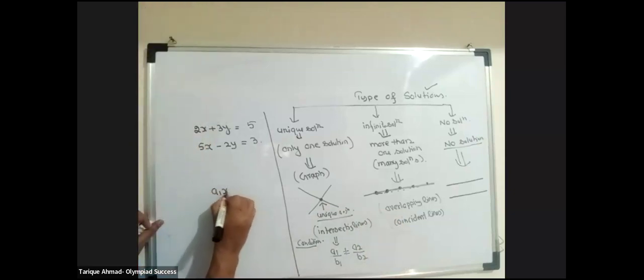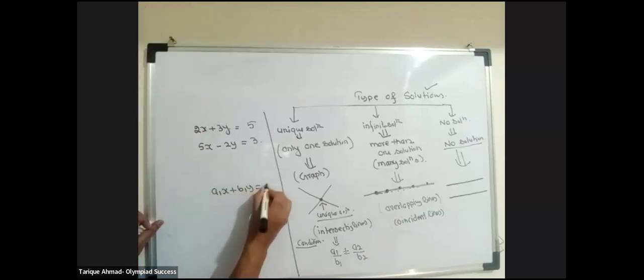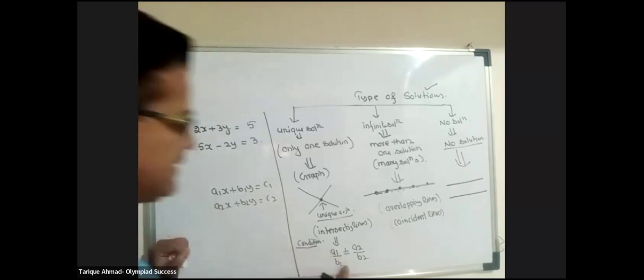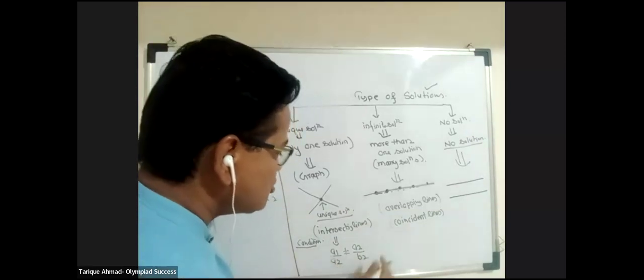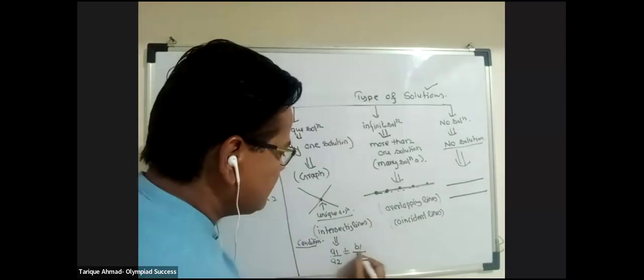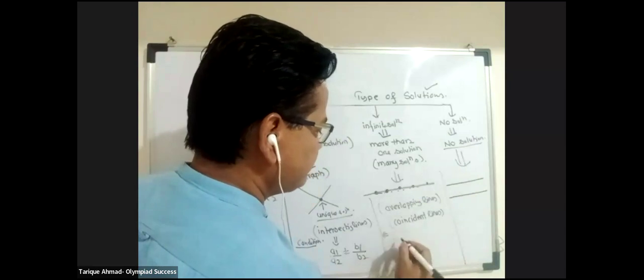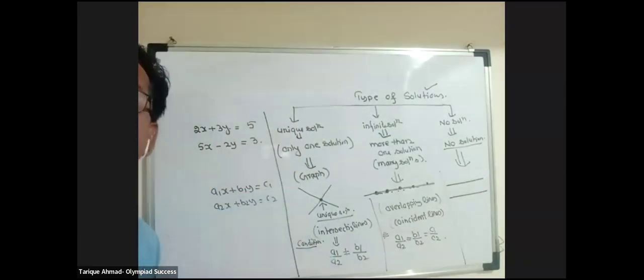Suppose the equations are A1x plus B1y equals C1, and A2x plus B2y equals C2. Then in this case, A1 by A2 should not equal B1 by B2. This is the condition for unique solution. For infinite solution, the condition is A1 by A2 equals B1 by B2 equals C1 by C2. All three ratios will be equal.